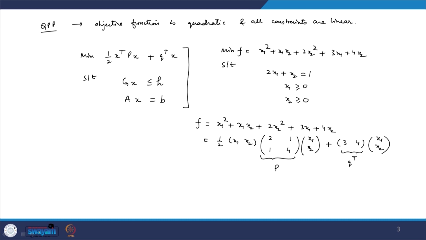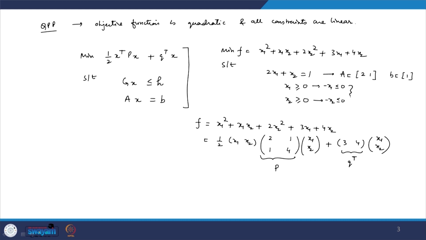Now, from the constraint, this is an equality type constraint. So A will be [2 1], and B is only 1. Now, the other constraints can be written as minus x1 less than or equal to 0 and minus x2 less than or equal to 0.